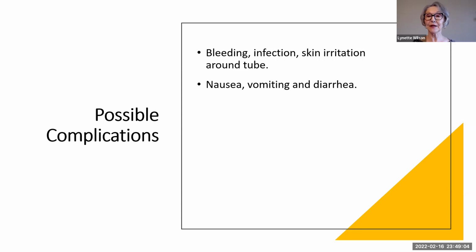We don't usually think of that, but it takes a while for many people to adjust how much of the liquid feeding they get in the tube at one time, what kind of feeding is best. There's several different formulations. And so you may, in fact, have a period of time where vomiting and diarrhea are issues. And certainly the vomiting increases the likelihood that the person will aspirate what they're vomiting up into their lungs and create a setup for pneumonia.